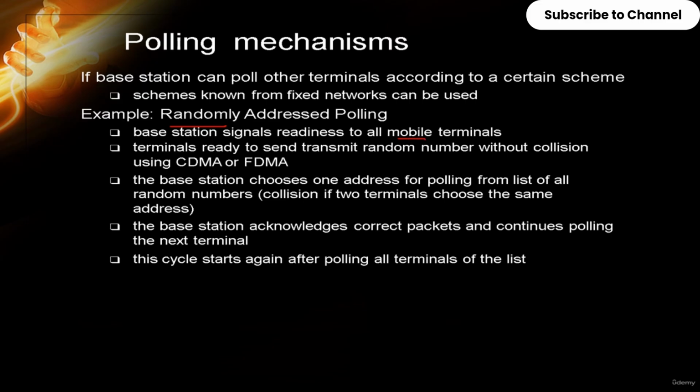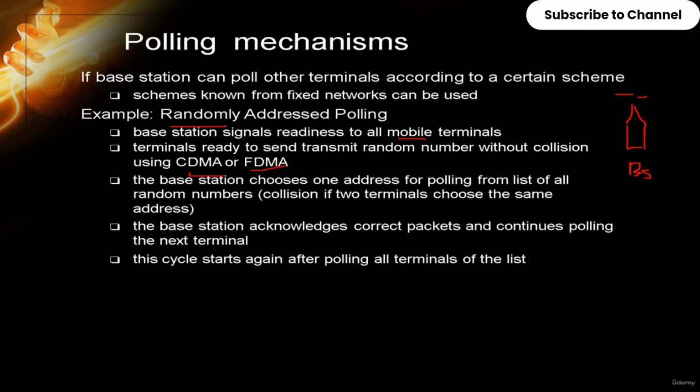Assume there is a base station, and the base station signals all the mobile stations, the terminals ready to send, and they transmit random numbers without collision using code division multiple access or frequency division multiple access. The base station chooses one address for polling from the list of all random numbers.